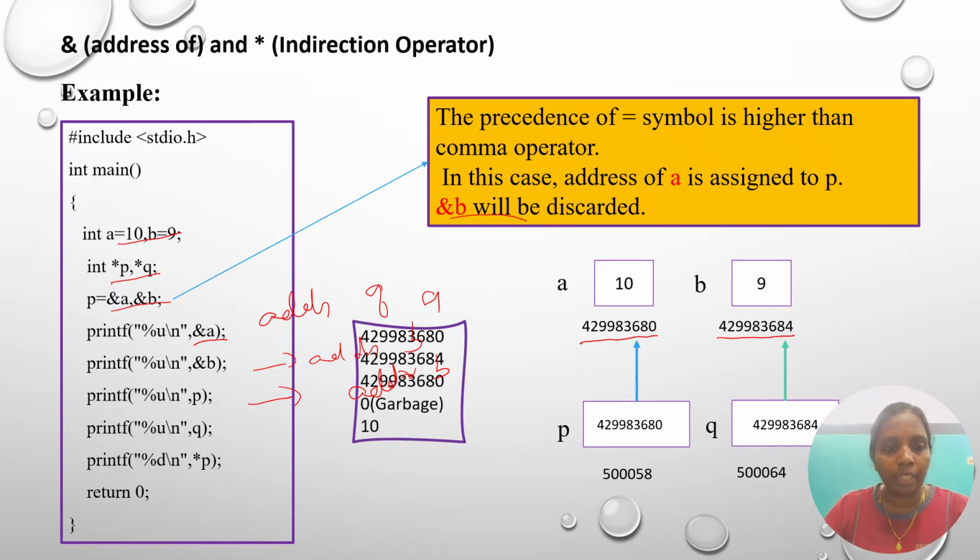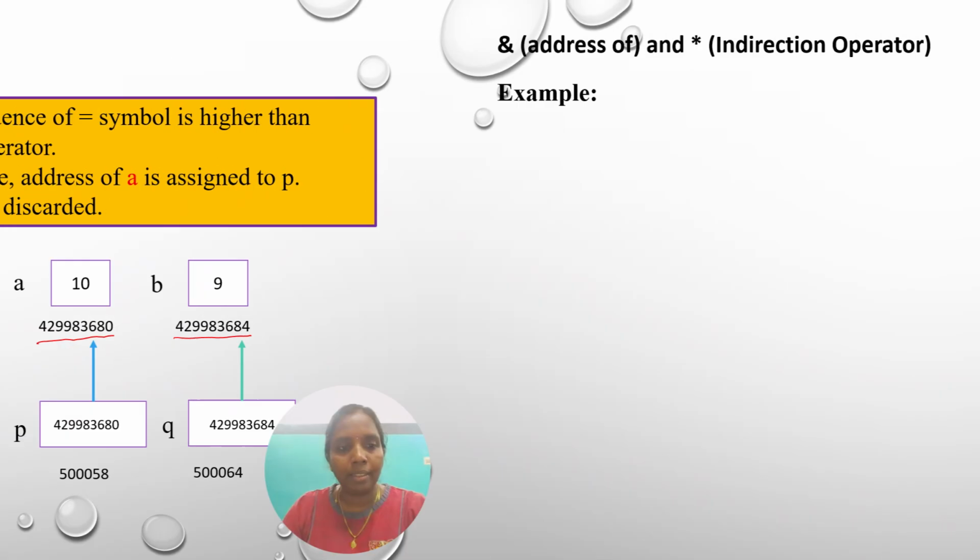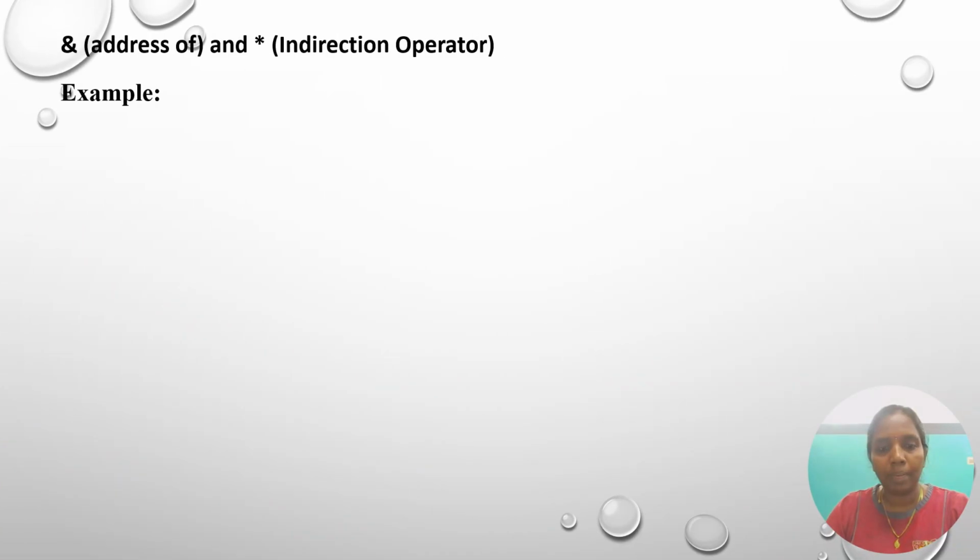If you see the output, the first one for &A is 429983680, that is your address of A, and address of B is 429983684, that is the address pointed to B, and P has the previous values.